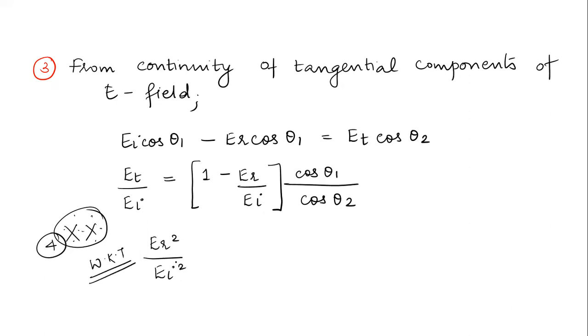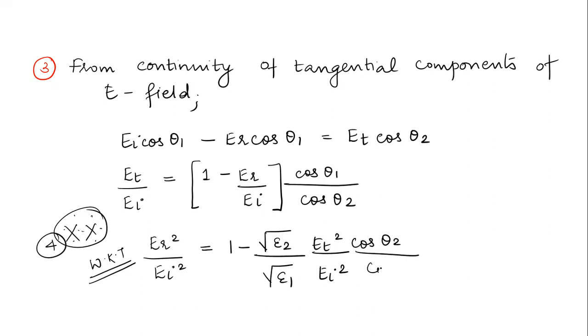So you have to learn this by heart. ER square by EI square is equal to 1 minus root of epsilon 2 upon root of epsilon 1 into ET square upon EI square into cos theta 2 upon cos theta 1. You can actually derive it also, but it takes time.